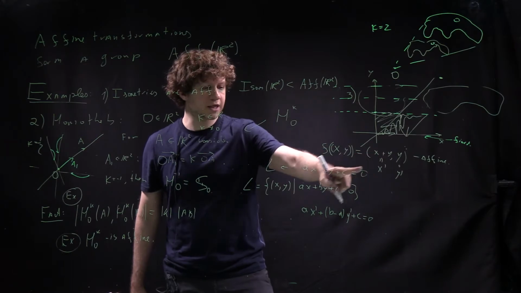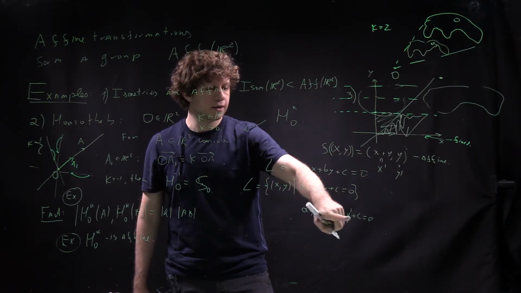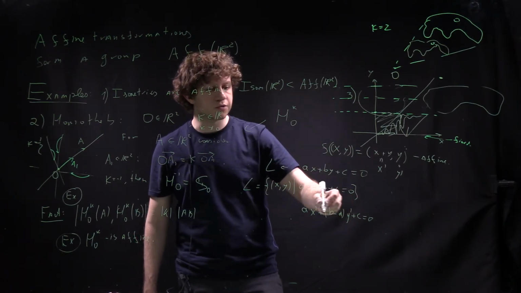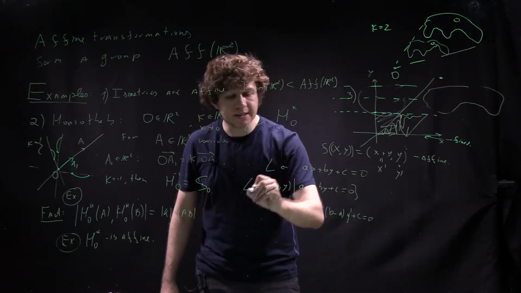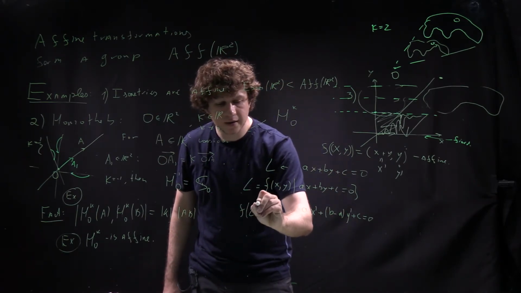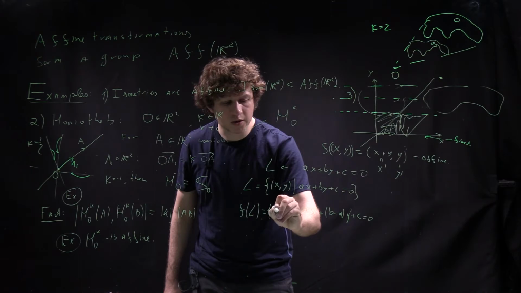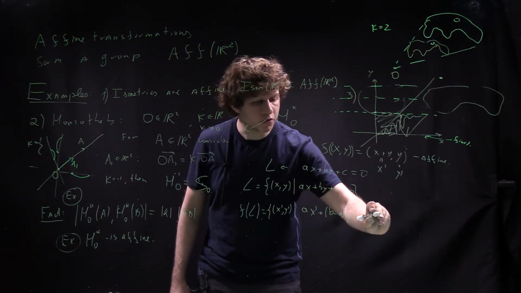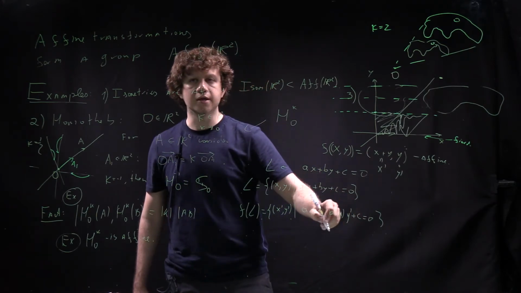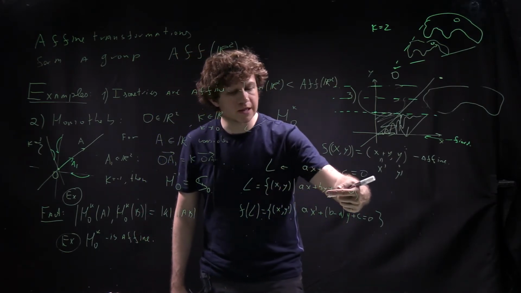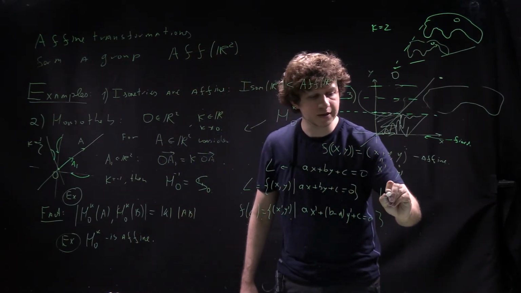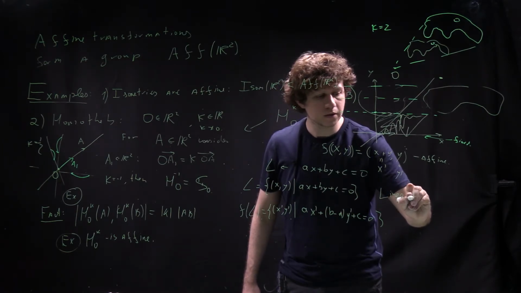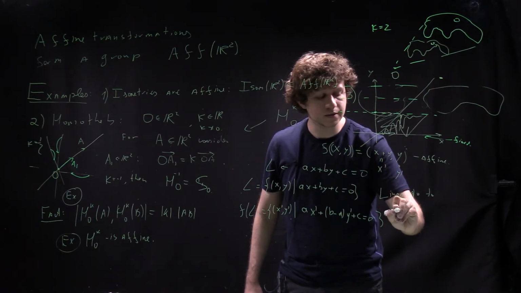Because if you plug in x plus y here and y, you will get ax plus by plus c equal to 0. So you will see that f of this line consists of the points x prime, y prime such that a x prime plus (b minus a) y prime plus c equals 0. And so you see that lines go to lines.